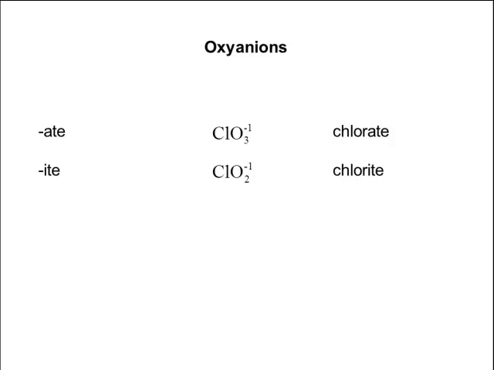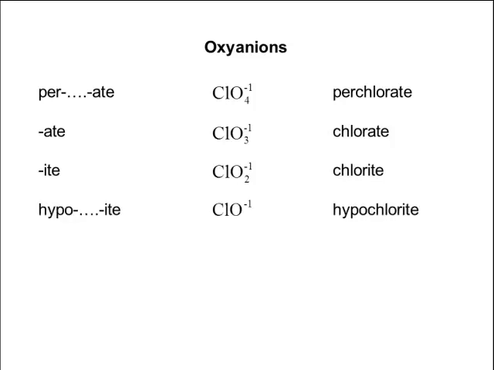If I add an oxygen to that -ate form, I go to the per-ate form. So ClO3 -1, add 1 oxygen, I go to ClO4 -1, that becomes perchlorate. If I take 2 away from that -ate form, I go to ClO -1, that's going to be the hypo-ite form, so hypochlorite.